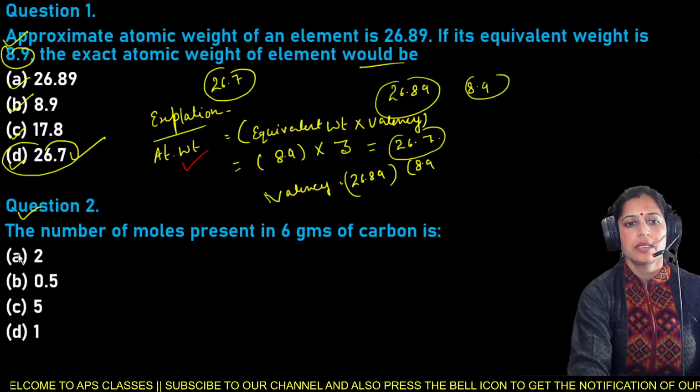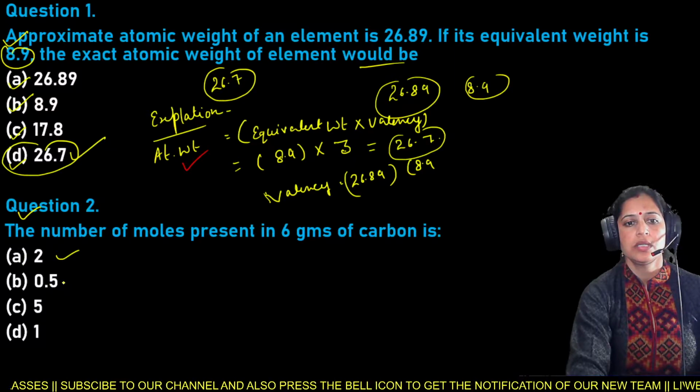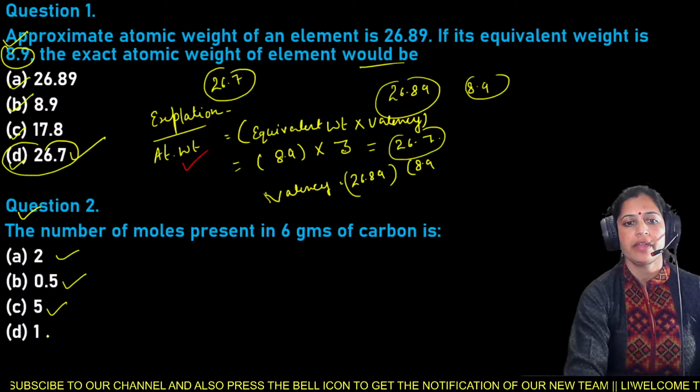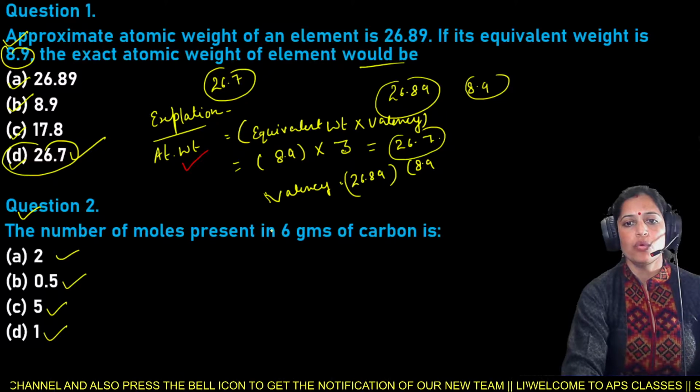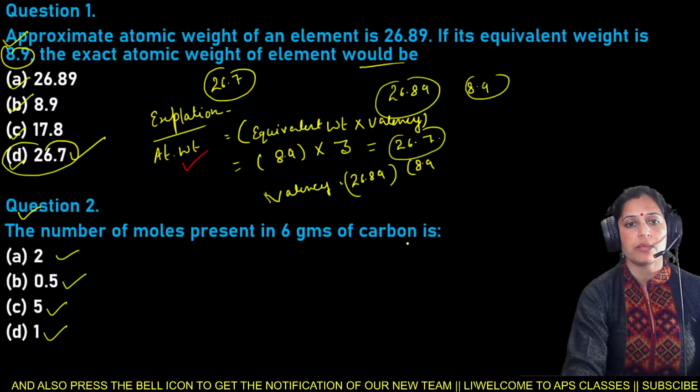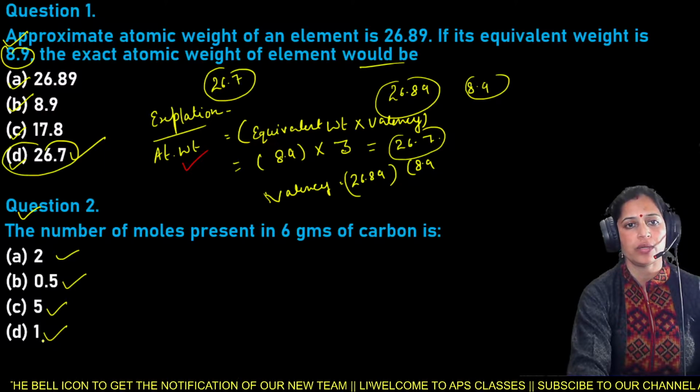Options are 2, 0.5, 5 and 1. I repeat my question again. The number of moles present in 6 grams of carbon is. Options are 2, 0.5, 5 and 1.